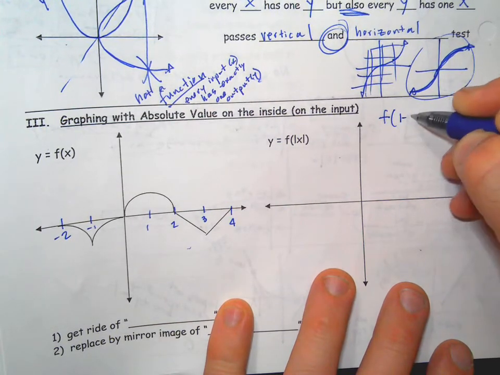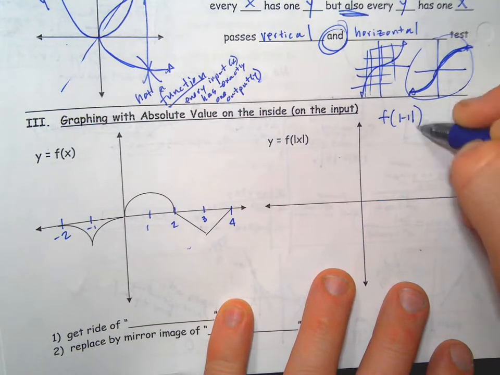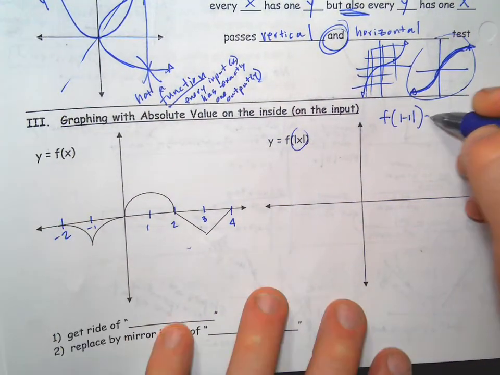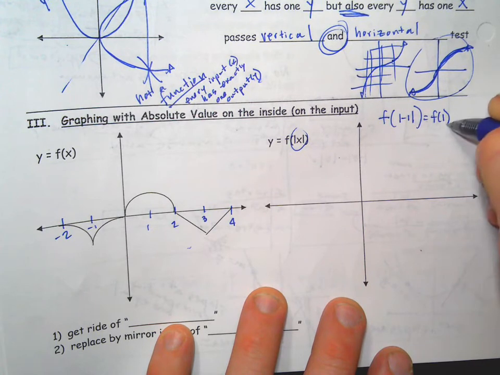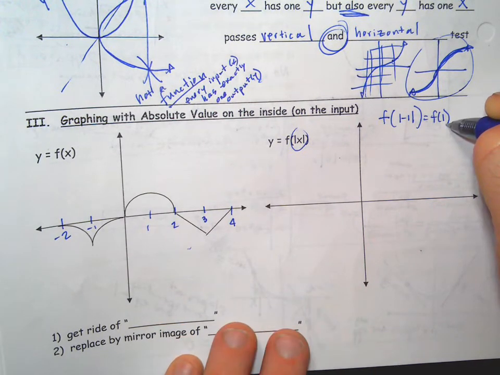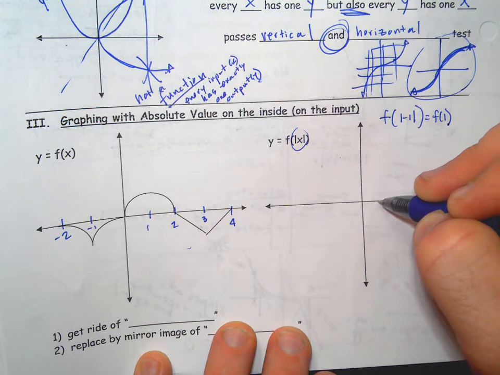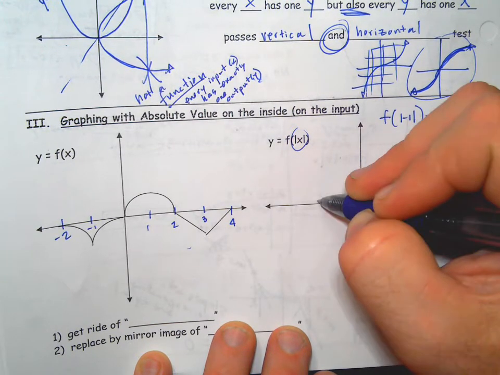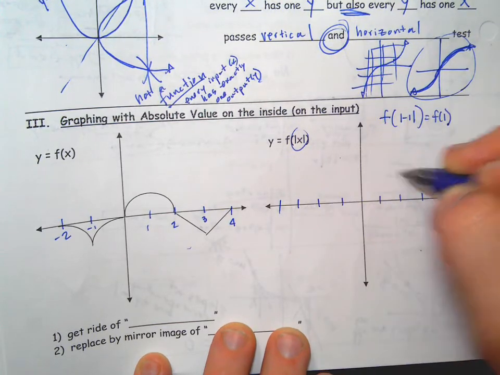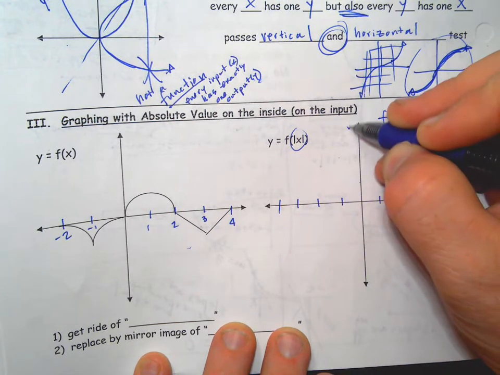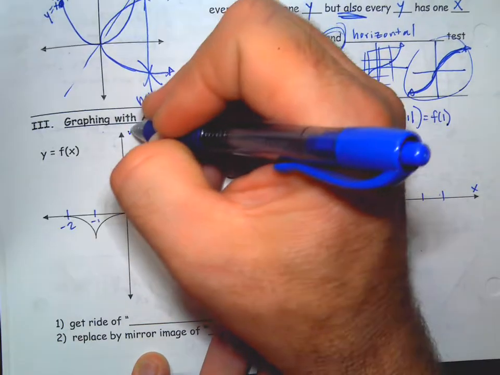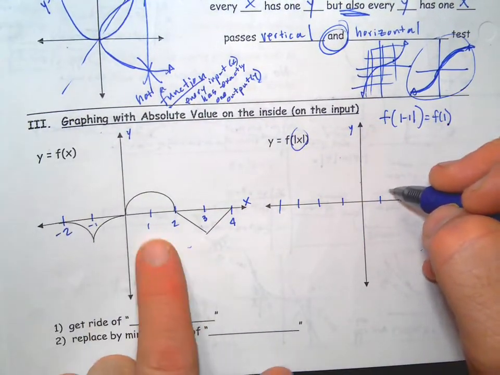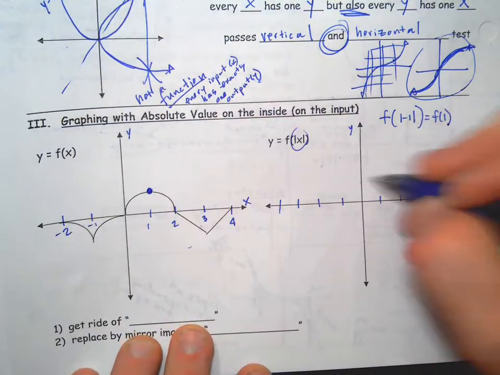If you plug -1 in, it's going to be the same as f of 1, right? So that means when you plug -1 in, you actually get what's happening at +1.